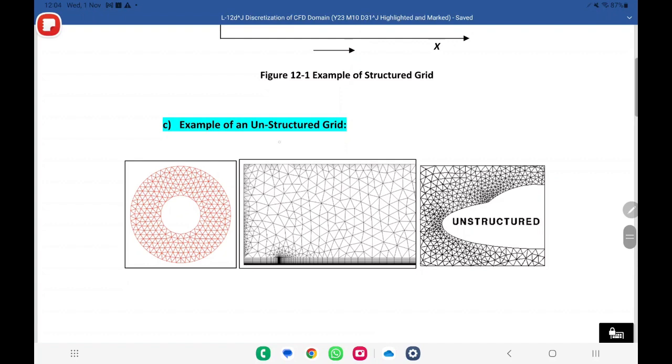and these are your unstructured grids. Now you see the shapes. This is an annular shape. You cannot fill it by any structure.